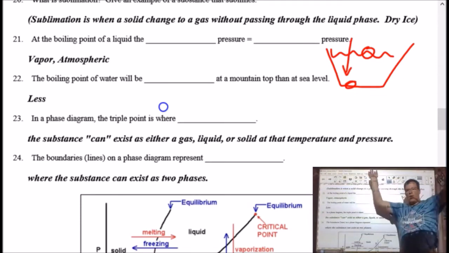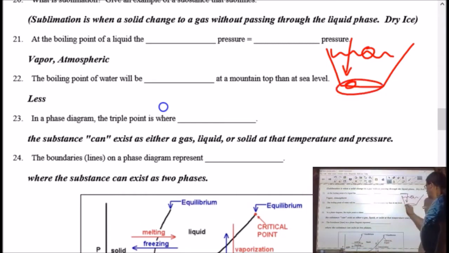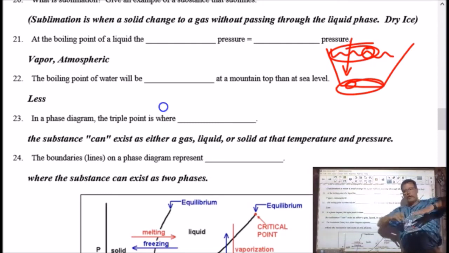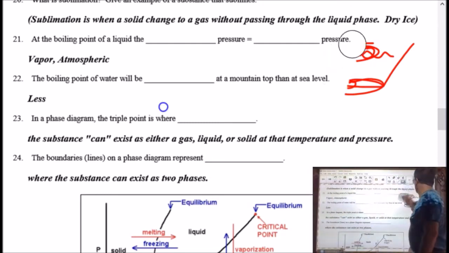That's why all the air doesn't just leave, because it is held to the earth by gravity. Closer to the surface, we have more air molecules than up in the upper part of the atmosphere. So if you lower the atmospheric pressure, you reduce the number of gas particles, and then things boil more easily because there's not all that external pressure pushing down on the liquid to help prevent it from changing from a liquid to a gas.